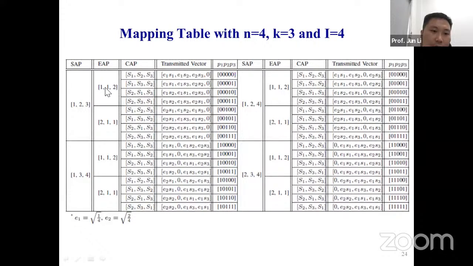The 1, 1, 2 means the first subcarrier has 1/4 energy, the second subcarrier still has 1/4 energy, and the third subcarrier has 2/4 of the power or energy, right?